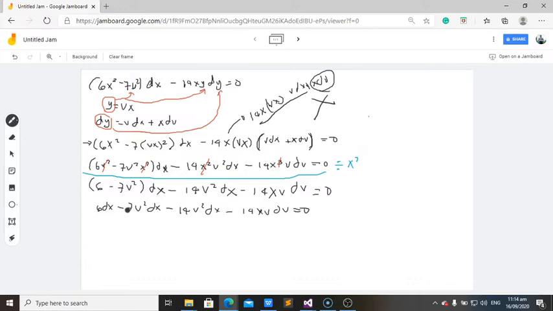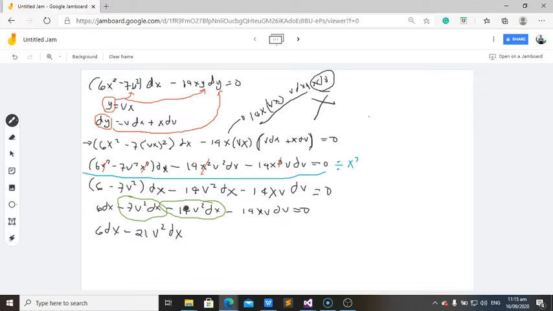So from here, this part and this part is similar, right? So they are all v squared dx. So we could add this one. So negative, we could add that one. So we have 6 dx minus 7 plus 14, that is 21v squared dx.